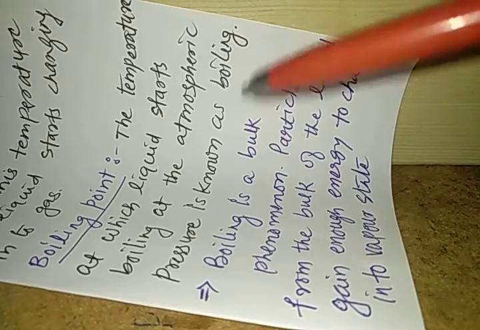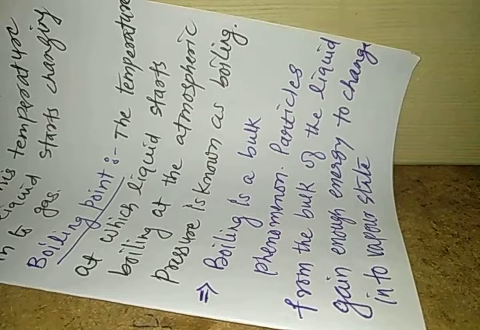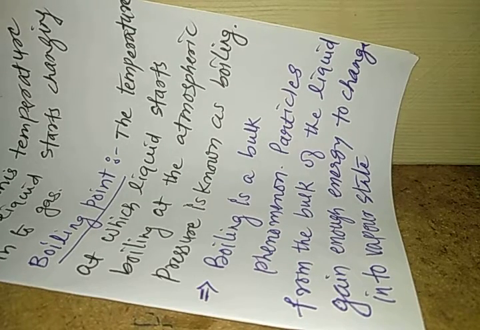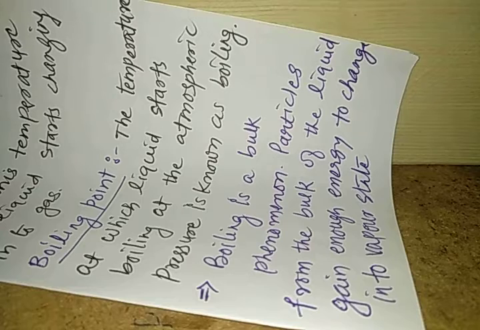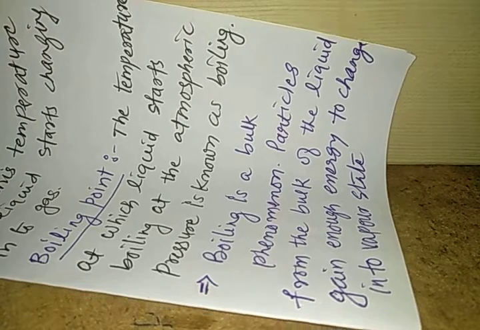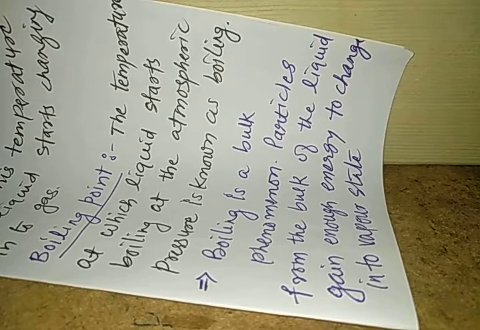That is what is known as boiling. So it's not just on the surface itself, but from the bottom, we have seen that the bubbles were generated from the bottom, and this process is known as boiling.